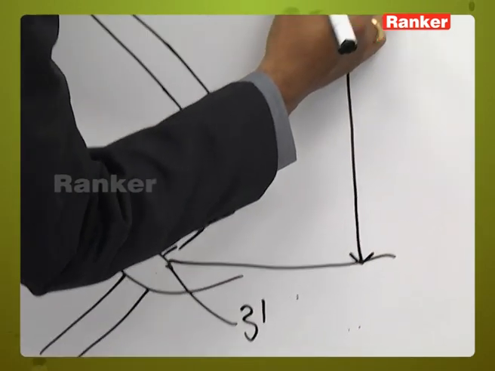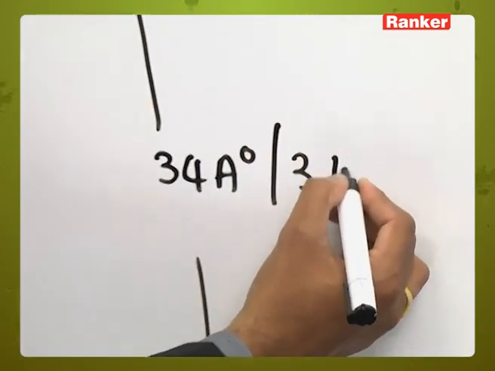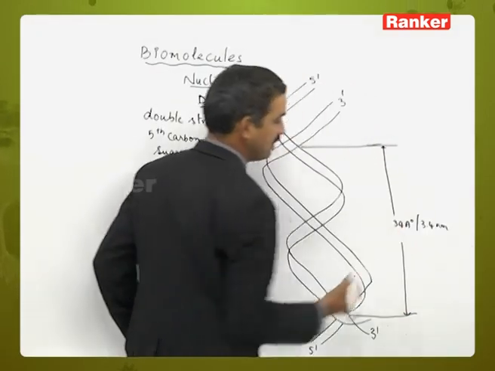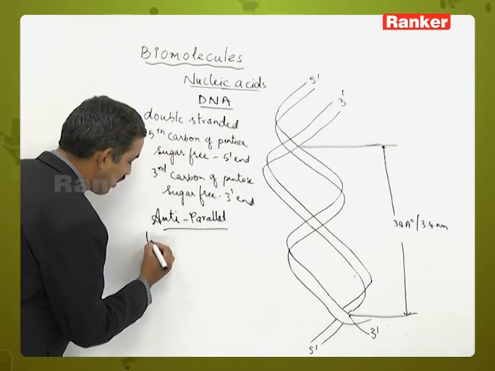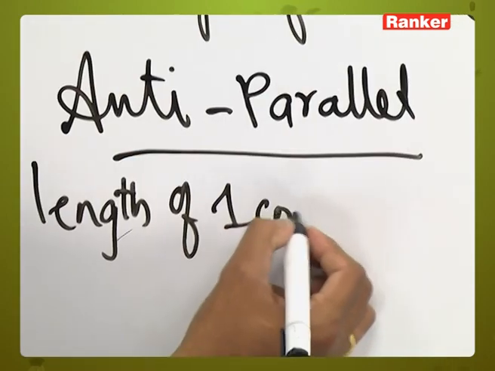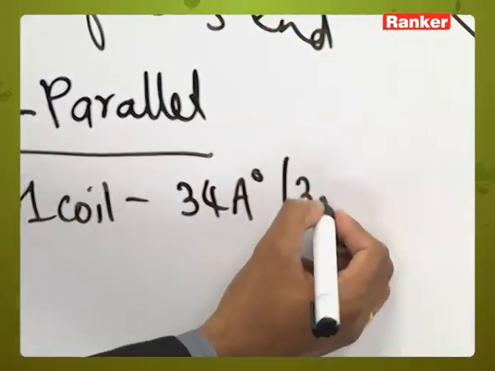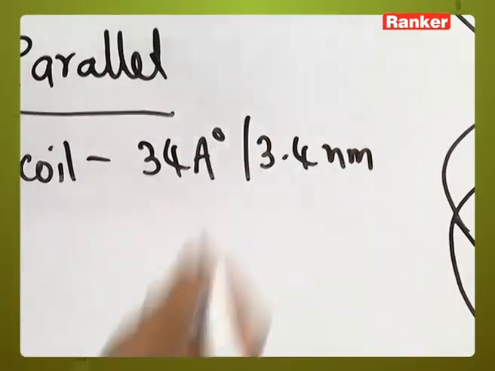It is 34 angstroms or 3.4 nanometers in length. So the length of one coil in a DNA molecule is 34 angstroms or 3.4 nanometers.